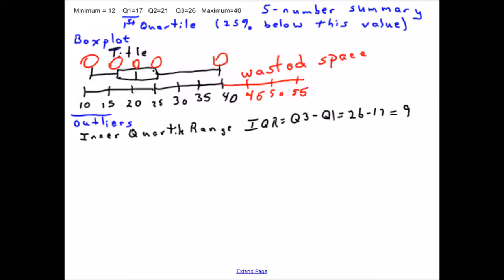That's what's used then to find what are called the cut values. First of all, the lower cut, which is Q1 minus 1.5 times the interquartile range.